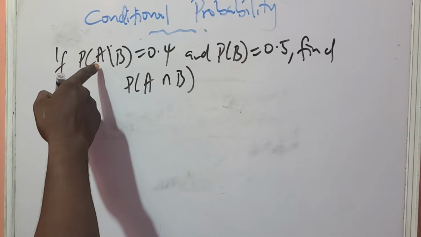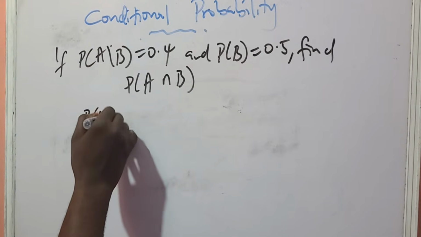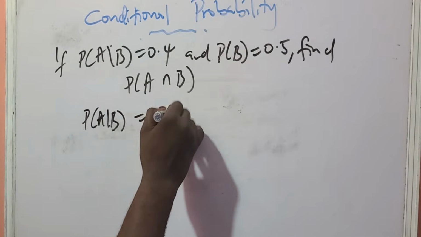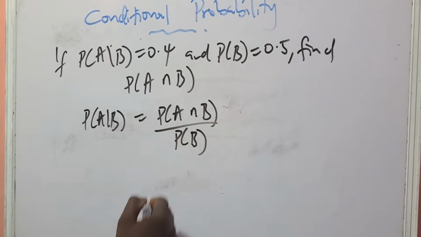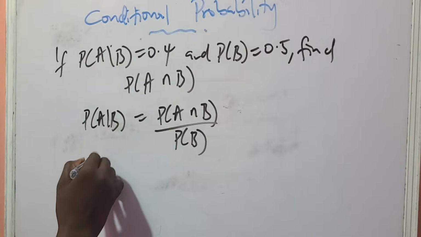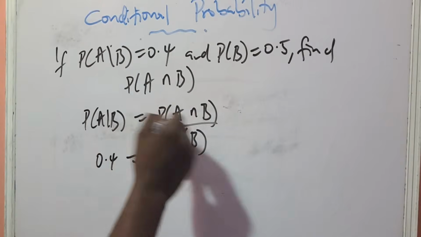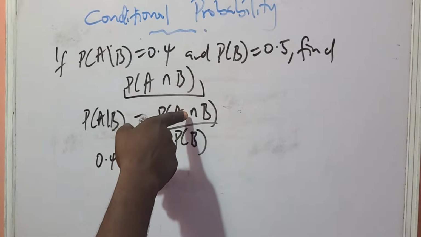Again, we're given probability of A given B at 0.4. We know that probability of A given B is always equal to probability of A intersection B over probability of B. So obviously we know now the value of probability of A given B as 0.4. We do not know the probability of A intersection B. That's what we are actually told to find.